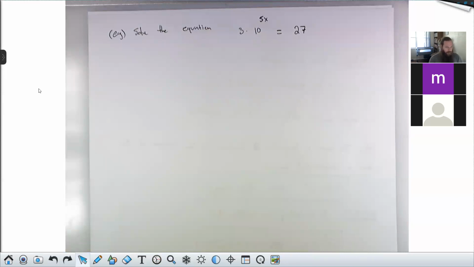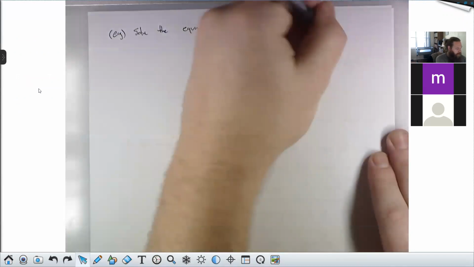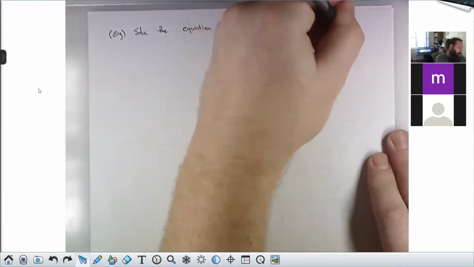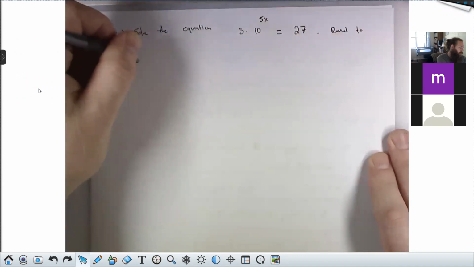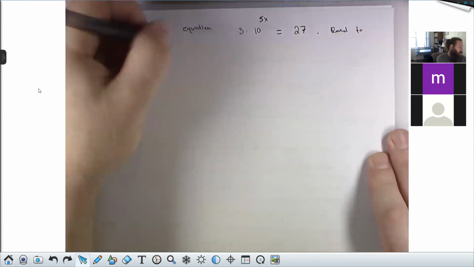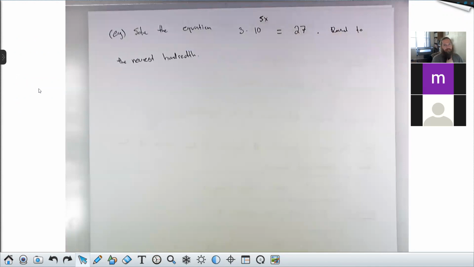And let's ask for our answer in the same precision they want. So they say, correct answer, type an integer or fraction. Oh, no, here we go. Integer or decimal rounded to the nearest 100. So round to the nearest 100.